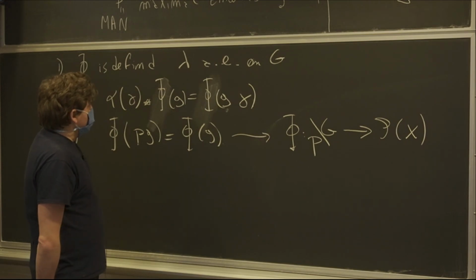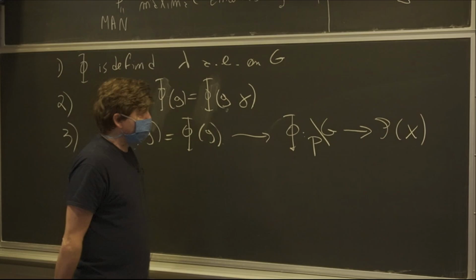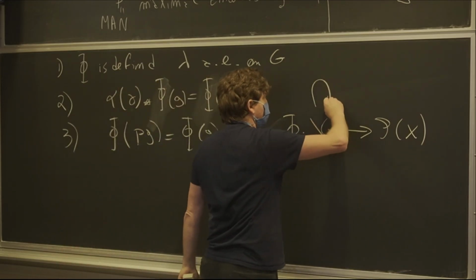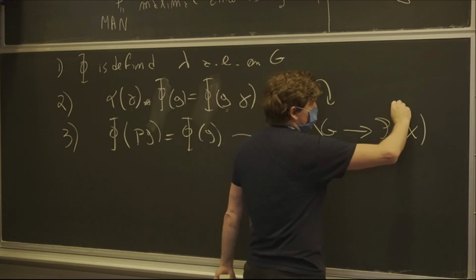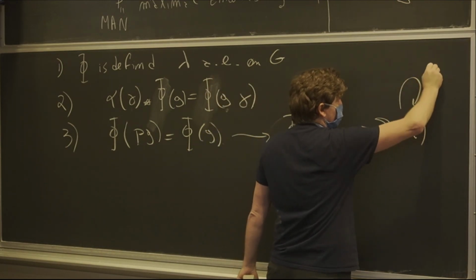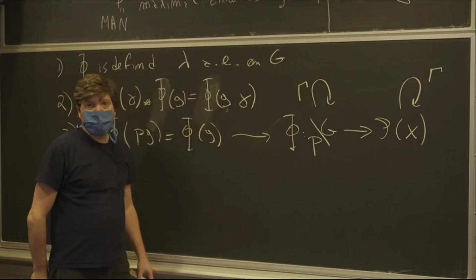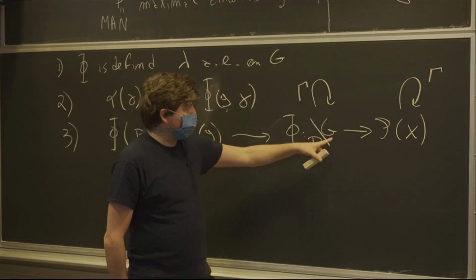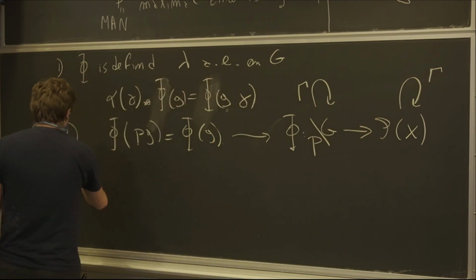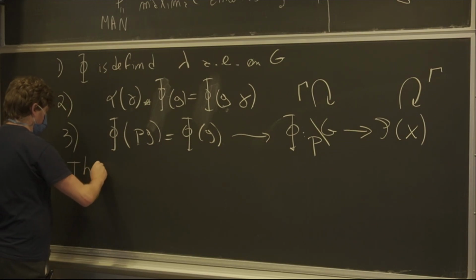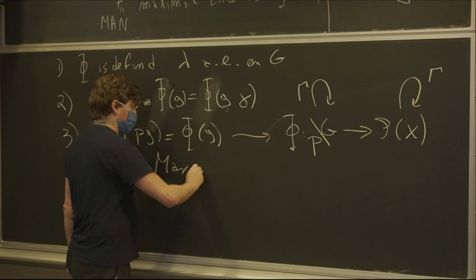And this property here gives me the equivariance, so I have the natural gamma action here by right multiplication, and I have the gamma action here by pushing measures, and this is a conjugacy. Okay? And now comes the theorem, which is Margulis Factor Theorem.